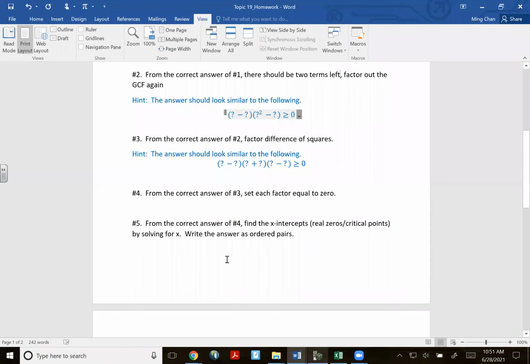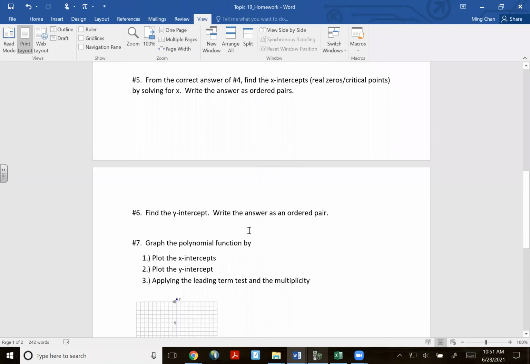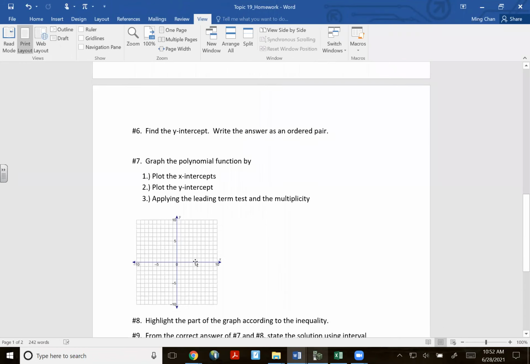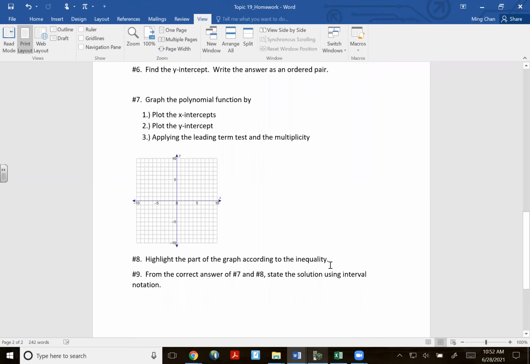Number 5, find the x-intercepts. Make sure you write them as ordered pairs. Find the y-intercept for number 6 and number 7. Plot the x-intercepts and y-intercept, and use the leading term test and multiplicity to draw your graph. Highlight the part according to the inequality.